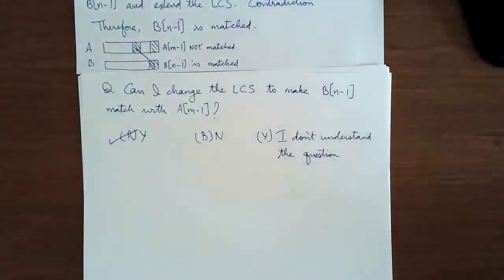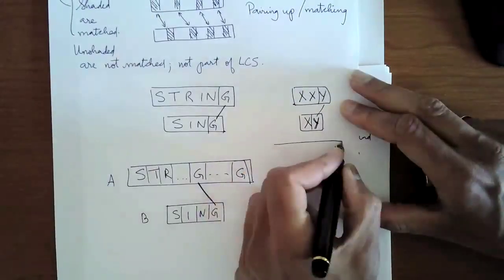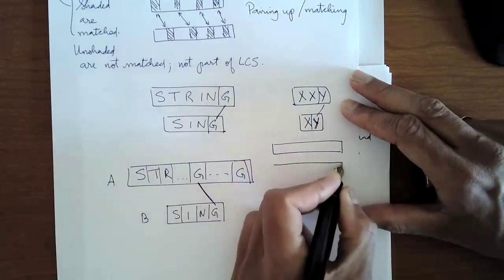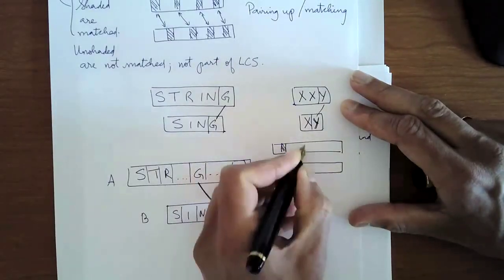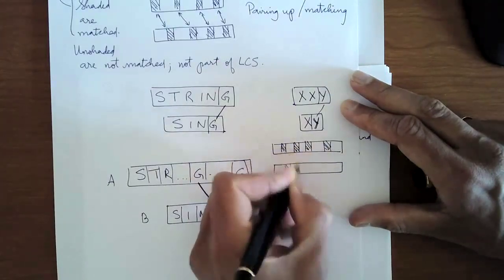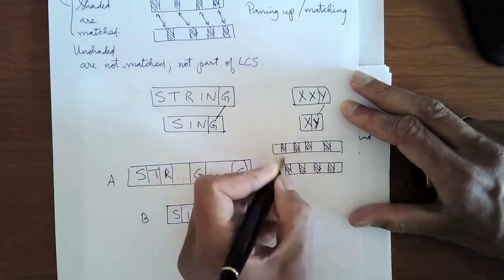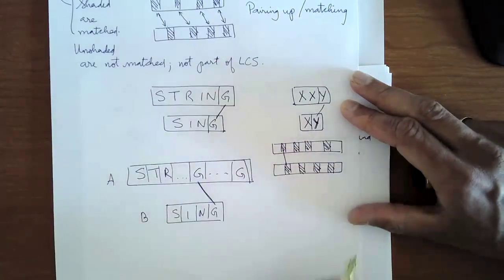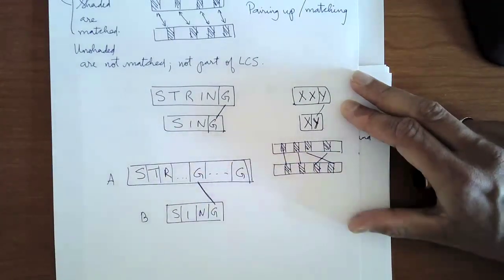So maybe this is also worth drawing out over here, that when you have this sort of matching, like I'm matching characters to each other, I'm just going to draw the things. Can I do this? Can I match it this way?